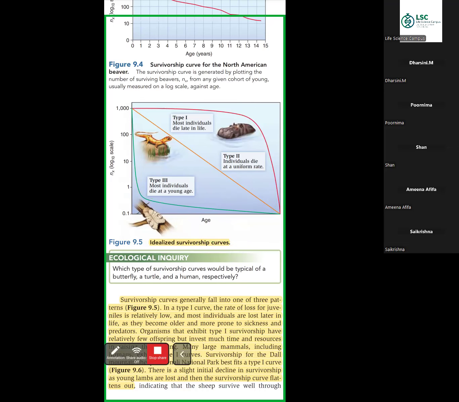So I will share you questions related to survivorship curve. Try to do that question.